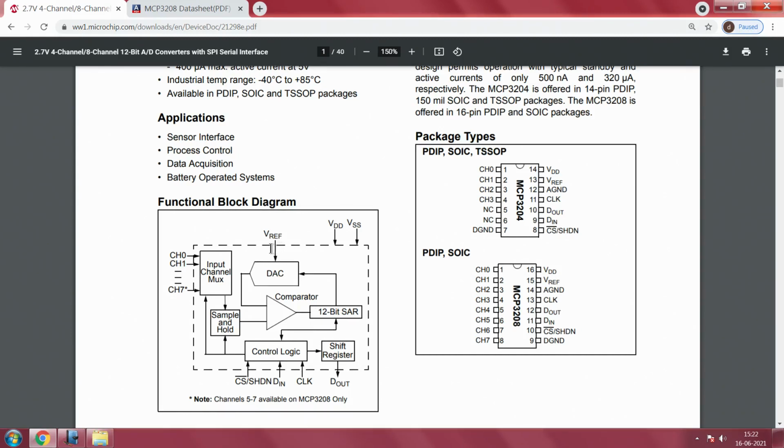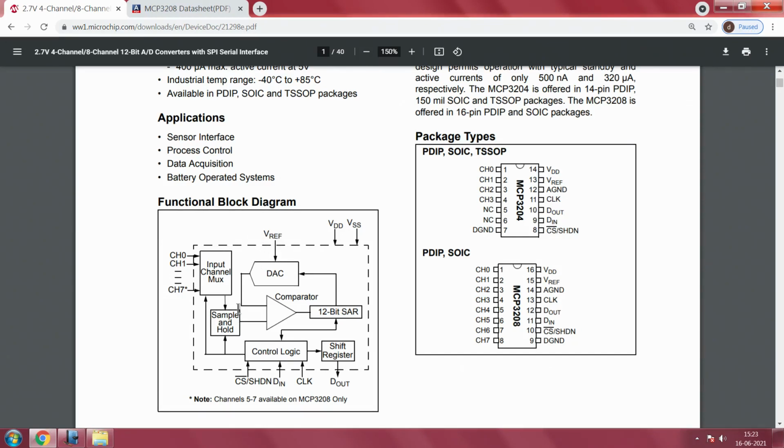Vref here, when you talk about Vref in an ADC, is actually fed to the DAC block. So your analog input is compared with the reference fed to the DAC, and with respect to Vref, you will get a corresponding analog output from the DAC. That is how your two analog signals will come.